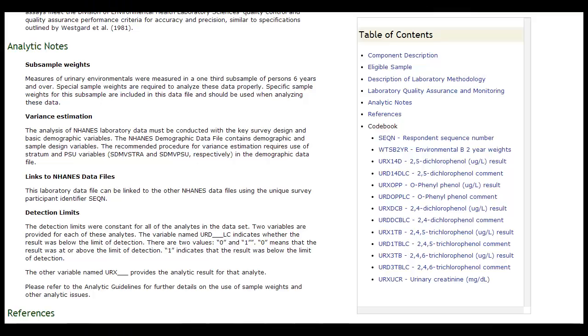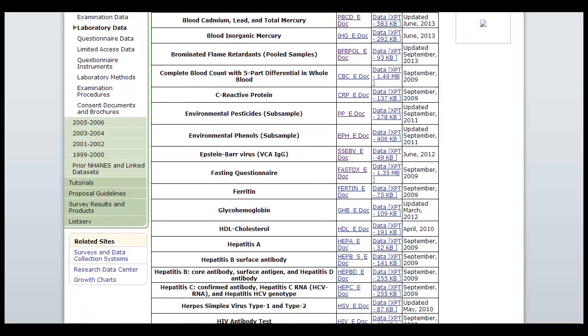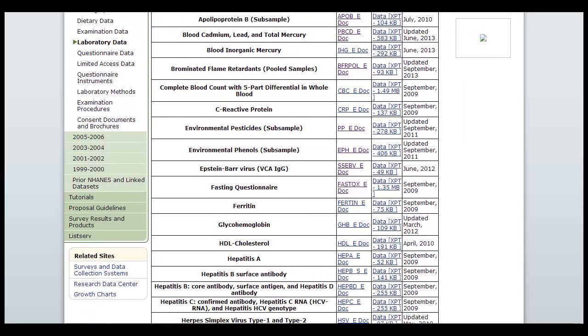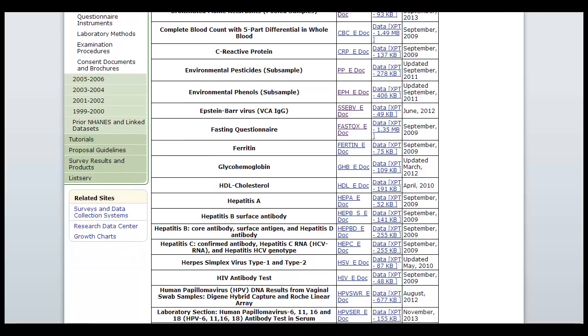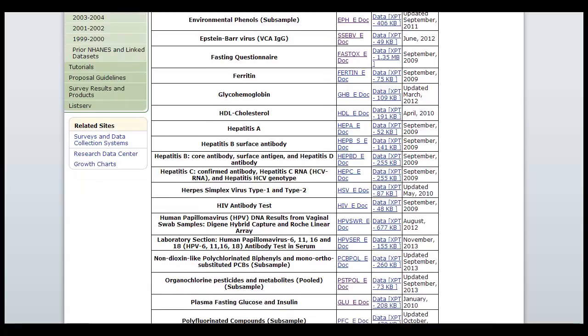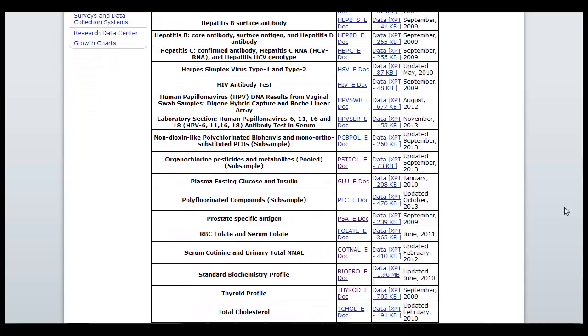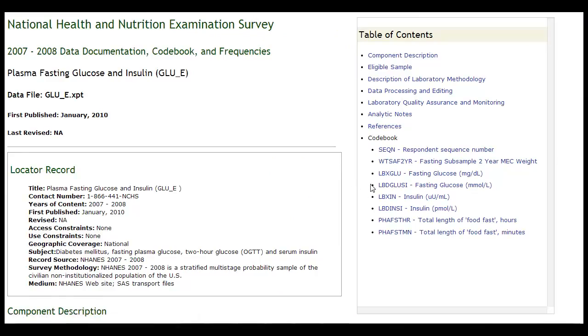So in addition to the ones that say subsample in the title, I know of at least one that was a subsample, but it doesn't have the word subsample in the title, at least for this cycle. And that is for the plasma fasting glucose and insulin. If we click on this one, we'll see there is also a subsample 2-year MEC weight.